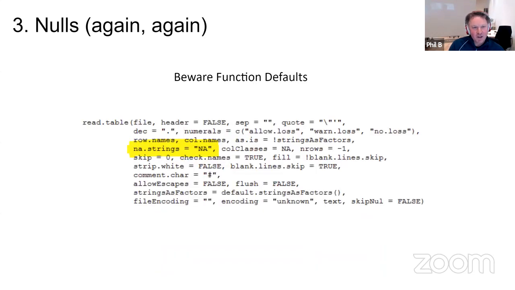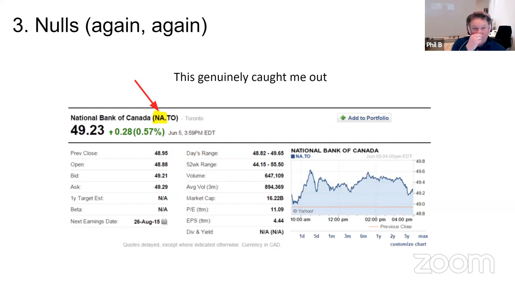Couple more things before we wrap up. System defaults. This is a function for reading in a text file in R, and you'll see one of the parameters is tell me what value you want to mean NA or null or missing, and its default is capital N, capital A. Right now, this genuinely caught me out.